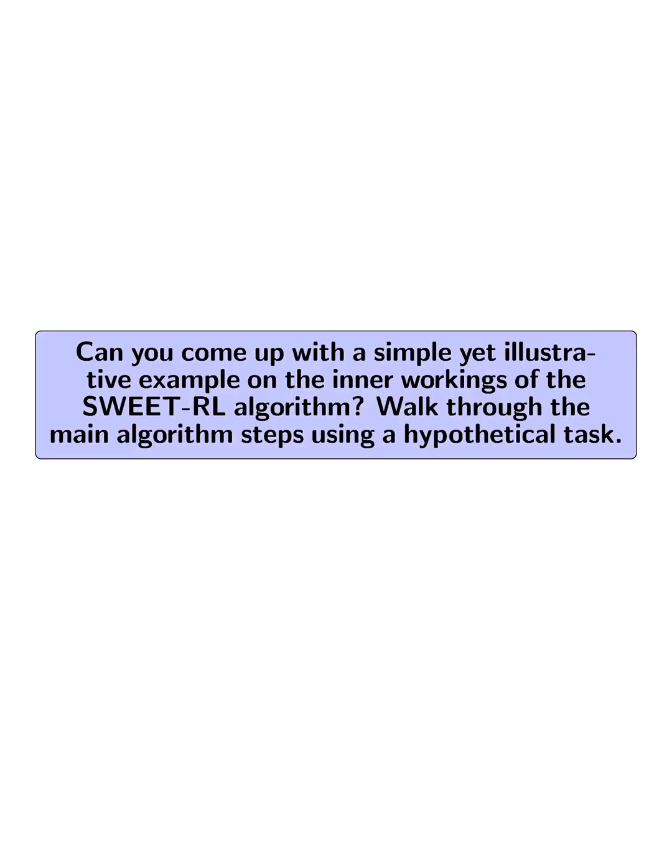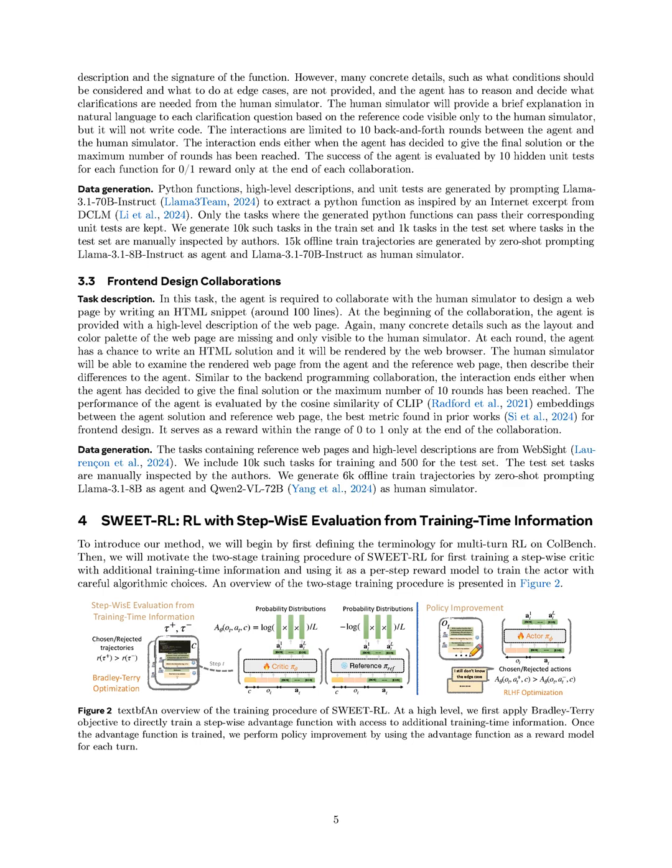Can you come up with a simple yet illustrative example on the inner workings of the SuiteRL algorithm? Walk through the main algorithm steps using a hypothetical task. To illustrate the inner workings of the SuiteRL algorithm, consider a hypothetical task where an agent collaborates with a human simulator to design a web page based on a high-level description.